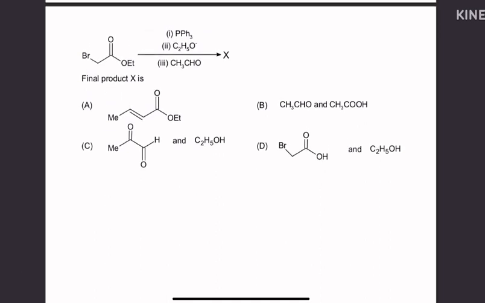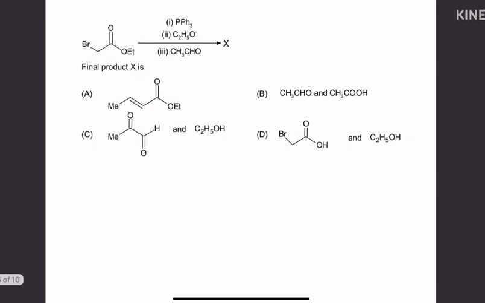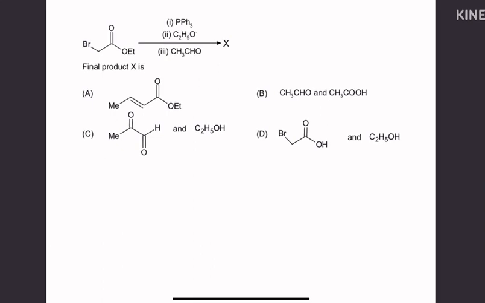So this is basically an alpha halo ester. And in this case the reagent is PPh3, triphenyl phosphine, and ethoxide, which is the base, and an aldehyde group is there.